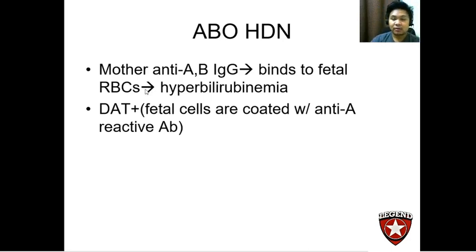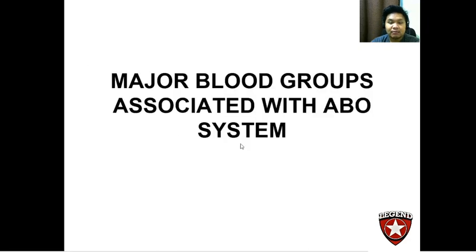If you check the cord blood RBCs of the baby, you would see that they are DAT positive, meaning the RBCs of the patient have already been sensitized. The fetal cells are coated with anti-A reactive antibodies.